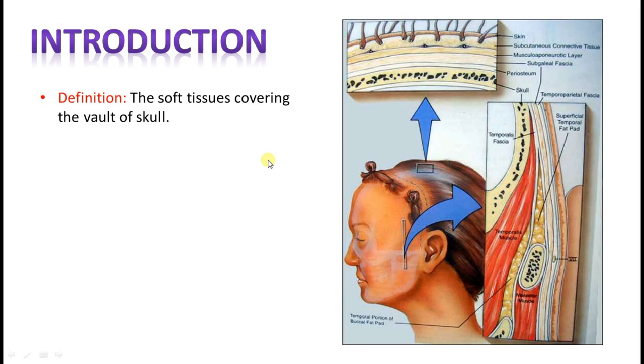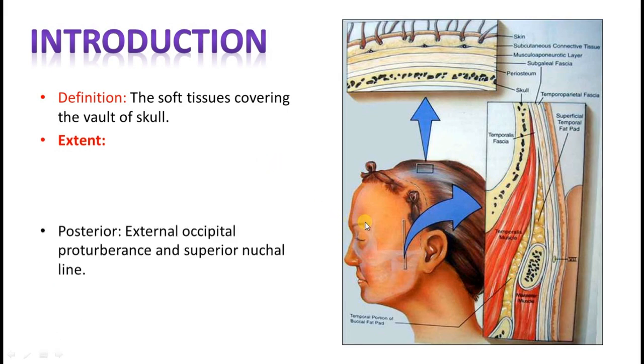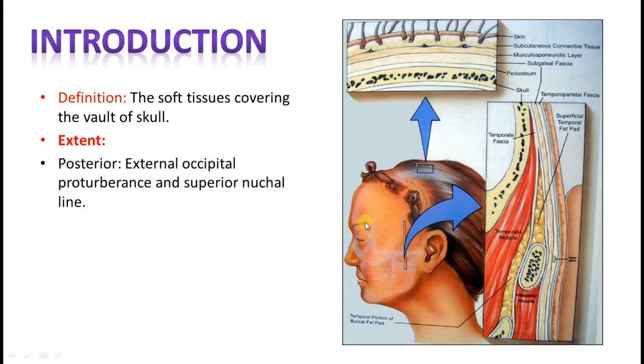But before that, what is the extension of the scalp? So anteriorly it extends up to the supraorbital margin, and posteriorly up to the external occipital protuberance and the superior nuchal line. Okay.